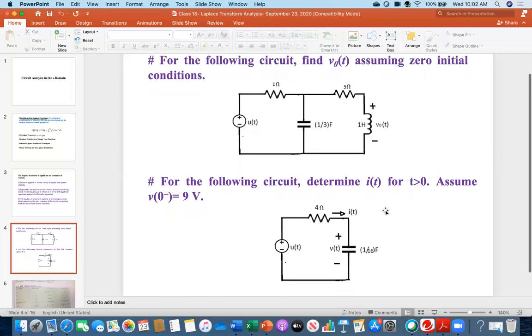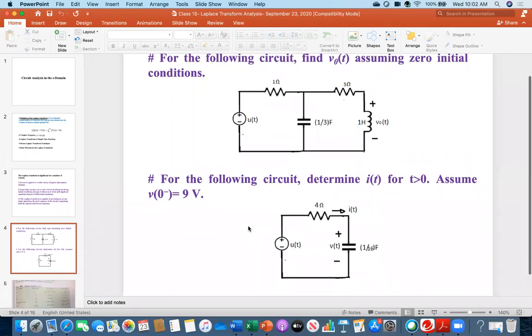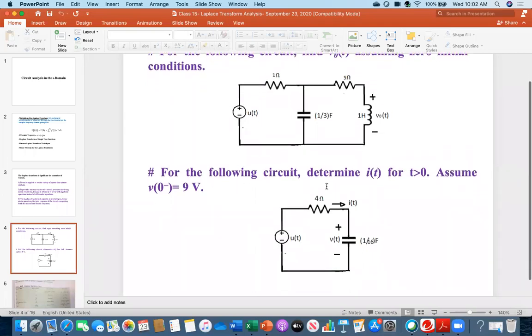Similarly, before solving the problem, you should understand what we want to do and what we need to do. Here it was assuming zero initial condition, but see the next problem. For the following circuit, determine i(t) for t greater than 0, assume v0 minus is 9 volt. You have done this type of problem a lot in the RLC transient, right? The initial values are given.